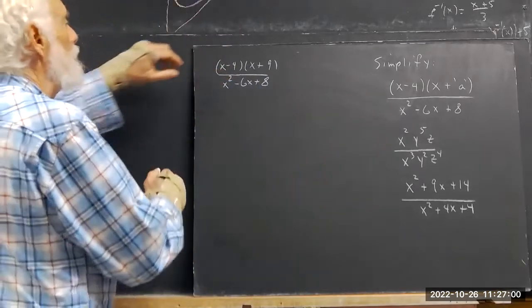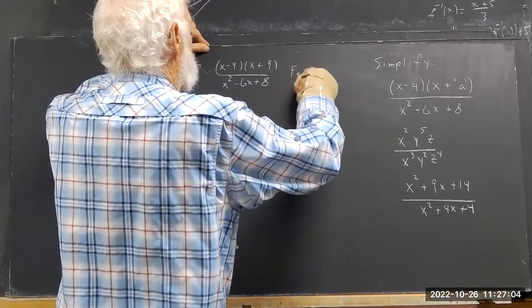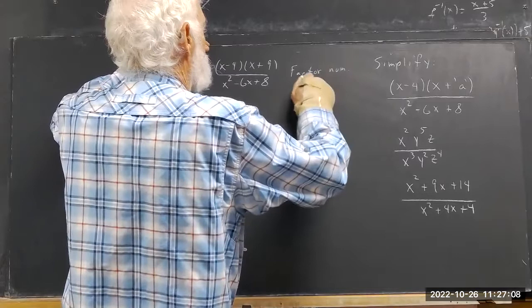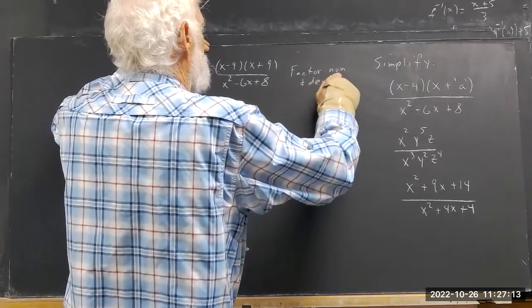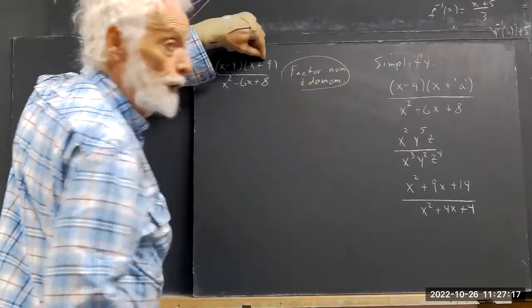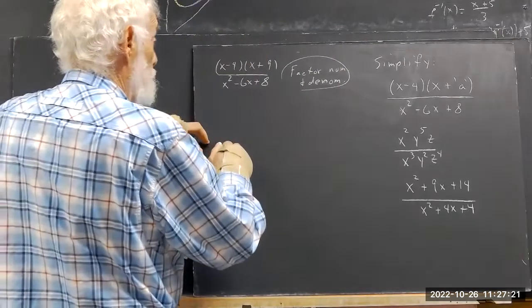So that is, factor numerator and denominator. Of course, the numerator is already factored. We don't have to do that. And then we write down what we get when we factor.